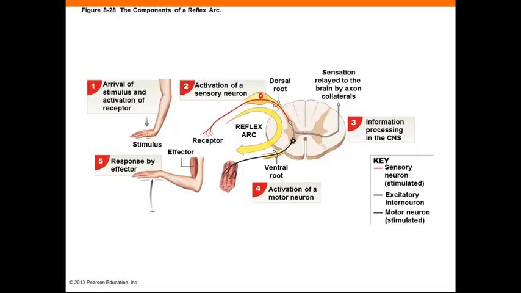An action potential will travel down the afferent neuron, and information processing can occur if there's an interneuron present. An action potential then travels down the efferent neuron to the effector organ, which would be a muscle group here as the effector, and that's going to respond.